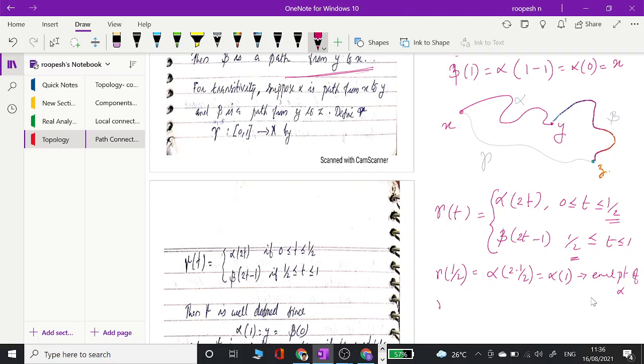Now if I am finding gamma of 1 by 2 using the second one, this is beta of 2 into 1 by 2 minus 1, that's equal to beta of 0, the starting point of beta.